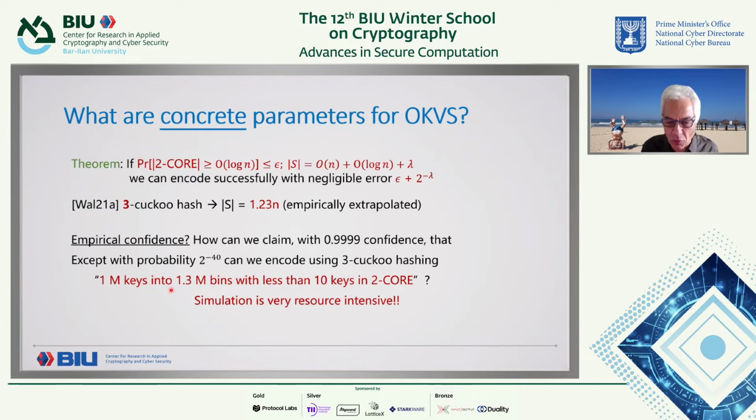It's a huge cost. Once we did it with Christian Weinert and Thomas Schneider, and they had a cluster where they ran more than 2 million core hours to do the simulation. But you cannot do it for each system that you build. And what if we need 2 to the minus 80 failure probability? Again, that would be impossible even with the strongest cluster to verify experimentally.